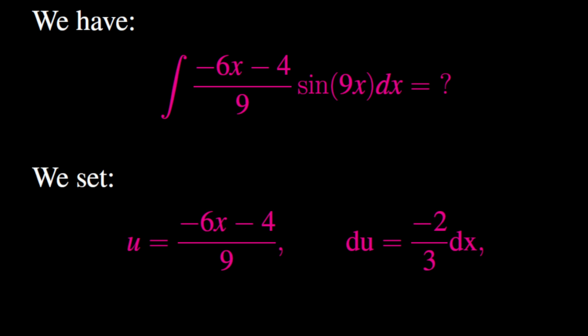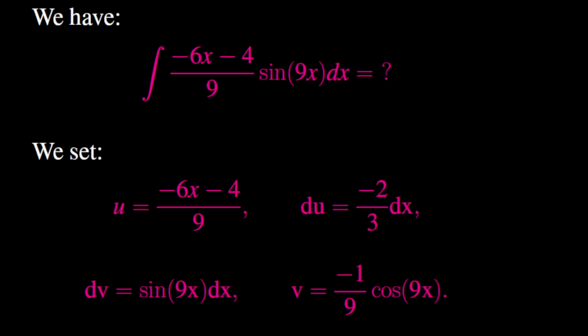Thus, we set u equal to minus 6x minus 4 over 9, so du equals minus 2 over 3 dx. And dv equals sine of 9x dx, and v equals minus 1 over 9 times cosine of 9x.